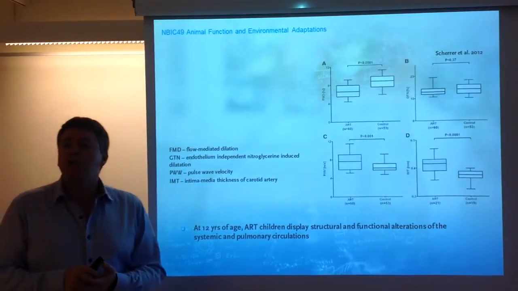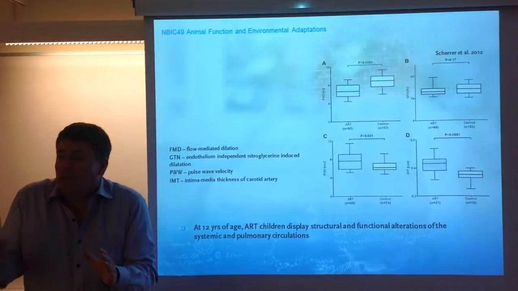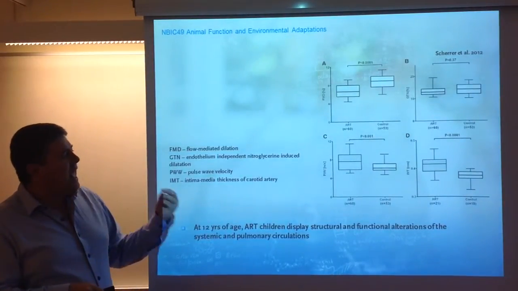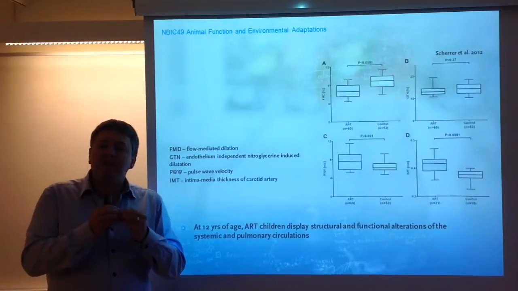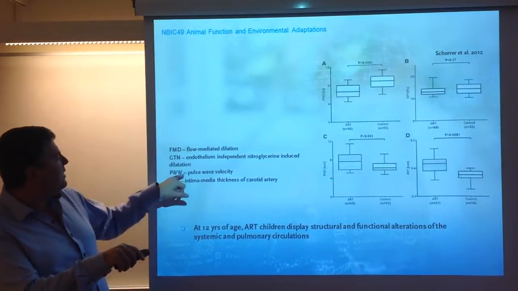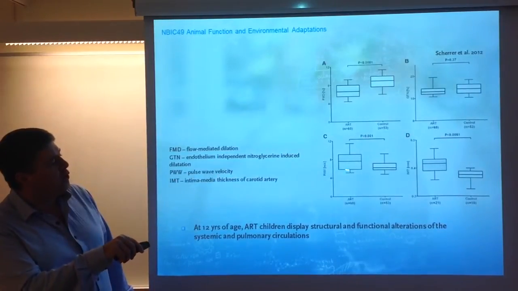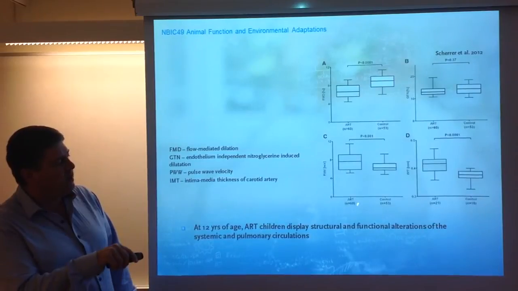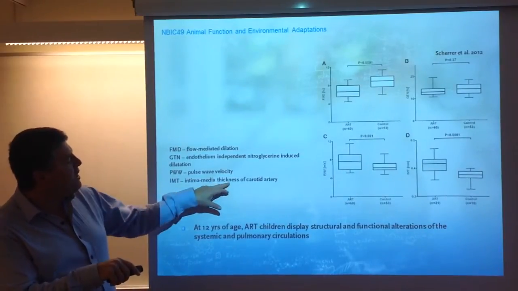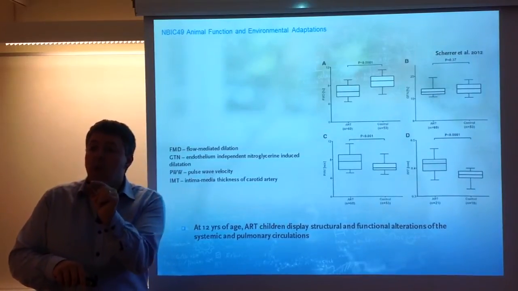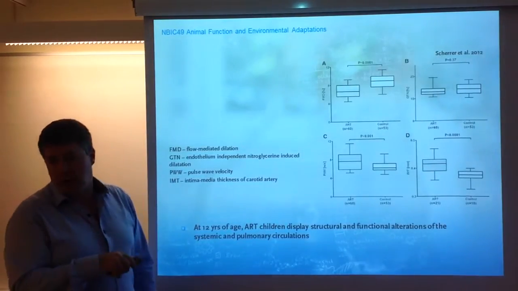You are going to say, well, what does this actually mean? We don't know. At this point, we don't know. But the suggestion seems to be that in ART babies, vascular reactivity is affected. They also see, for example, that the pulse wave velocity in the carotid artery is slightly enlarged in ART children, and the intima to media thickness of the carotid artery, that means how thick the vascular wall of the carotid is, is also thicker.